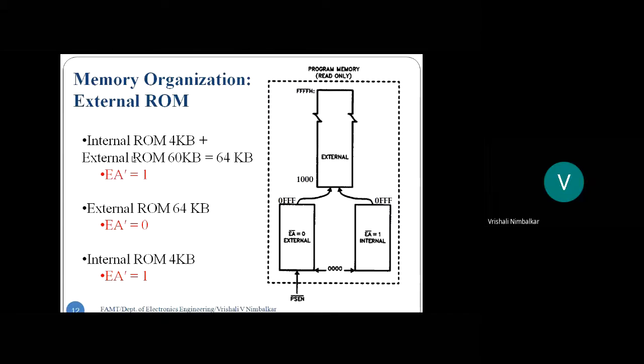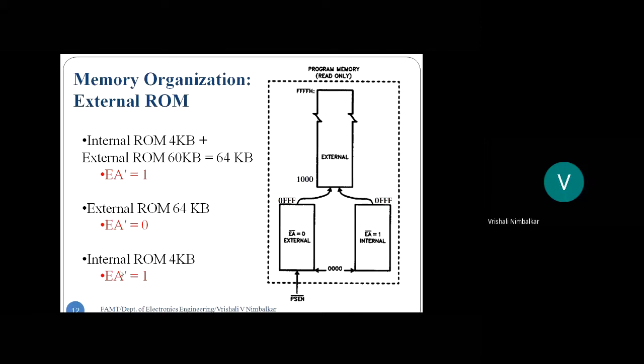So our first condition was you are using internal as well as external memory, meaning the EA bar pin is disabled, connected to VCC. So that's our first option. The second option is that purely 64 KB is external memory. Correct? You are not using internal memory here. All 64 KB is external. Then and only then you enable this EA pin.